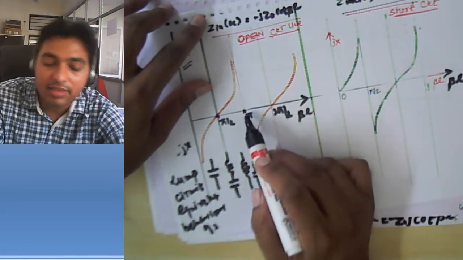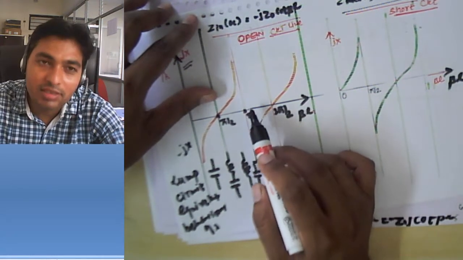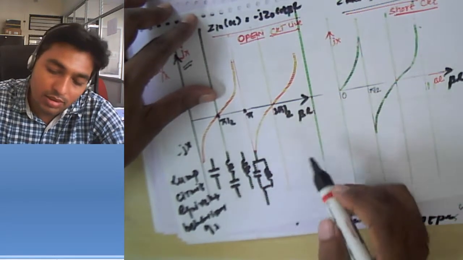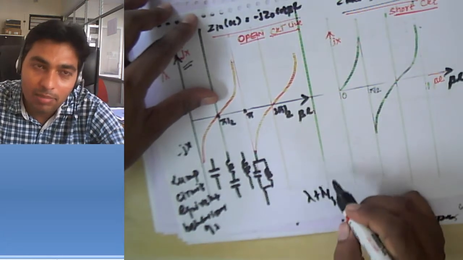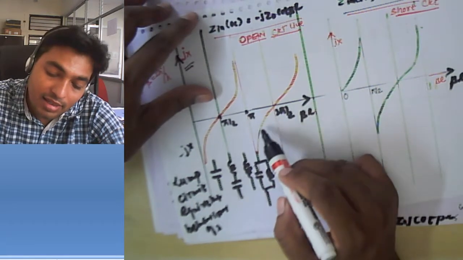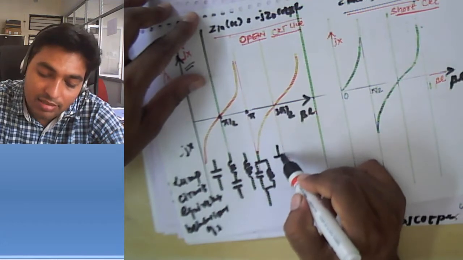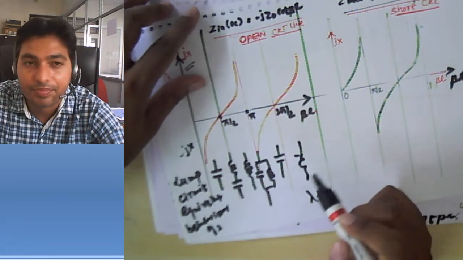Similarly, if the length is greater than lambda but less than lambda plus lambda by 4, that is 5 lambda by 4, then it will behave once again as capacitive, and so on. If the curve is on this side, it will behave as capacitive, this will be inductive, and so on.